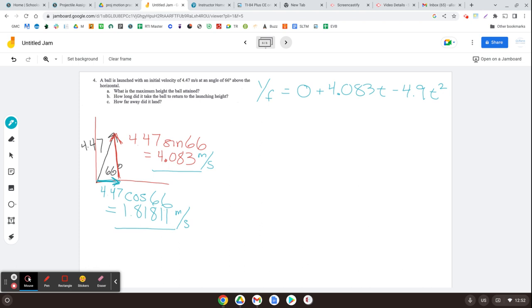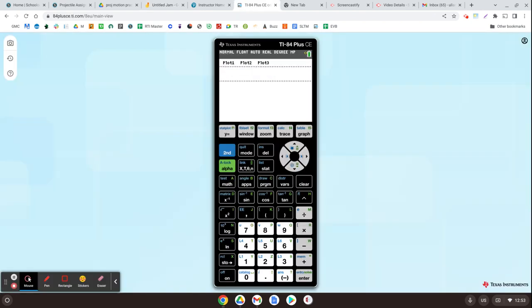Last time I did this by hand. Now I'm just going to put it in my graphing calculator, 4.9, 4.083. So let's go y equals, I already have that in there. Okay, back over to the mouse mode.